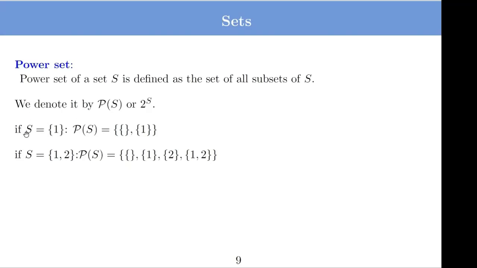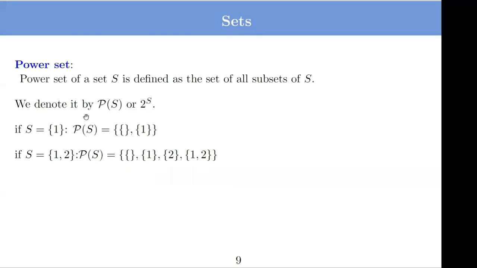There are two subsets. One is the empty set. The empty set is always a subset, and the set itself, {1}, is also a subset of S. So if you make a set of these two subsets, you will get the power set.